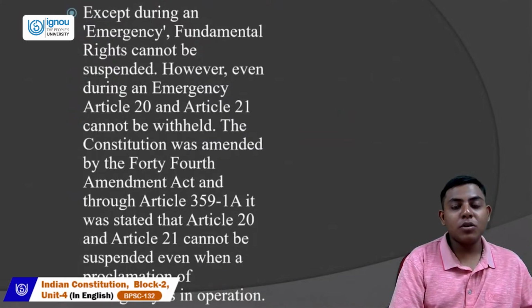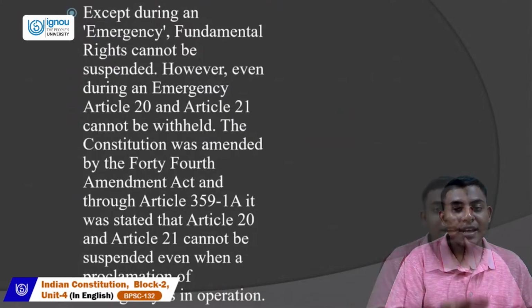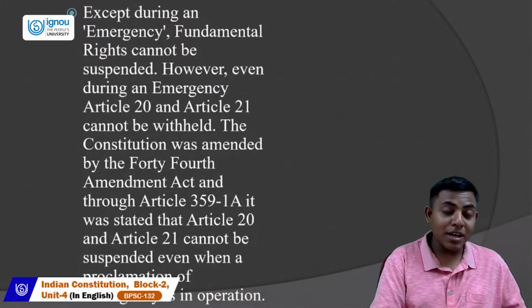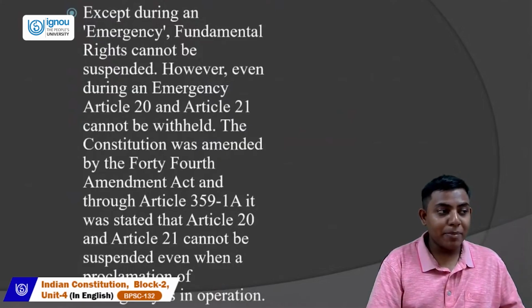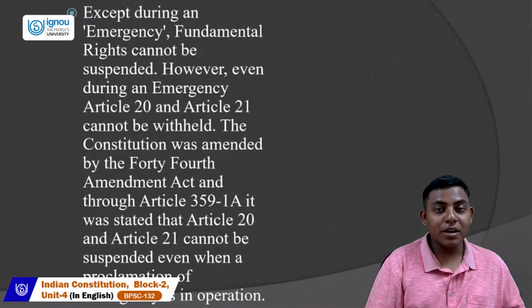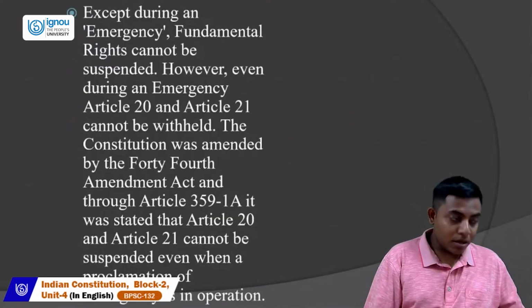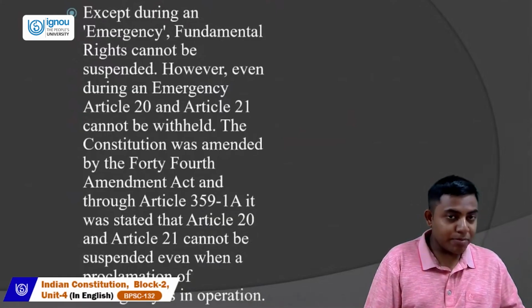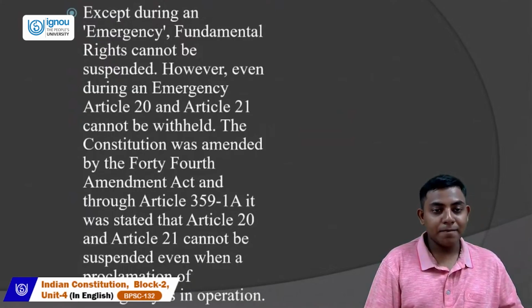So, freedom to profess, practice, and propagate religion within the limits of public order, health, and morality is a fundamental right of citizens. Then we have Article 26, which is pertaining to the fundamental right of religious groups to manage their religious affairs within the limits of public order, health, and morality.